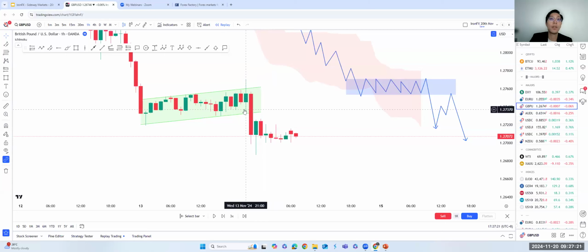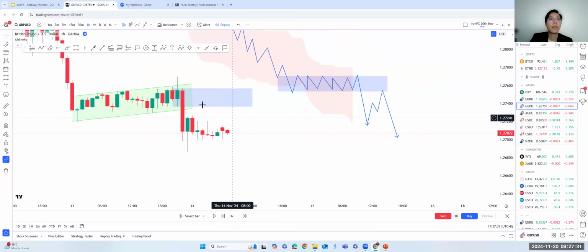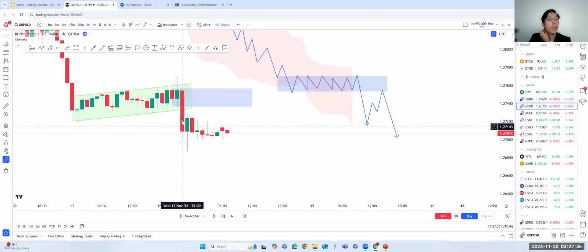Breakout, and then once we have either a fair value gap or price will tend to react to this candle over here, which is basically once we see a very big push downwards, which is a bearish engulfing candle, we will look at the candle before that to see whether it's a last upward movement.